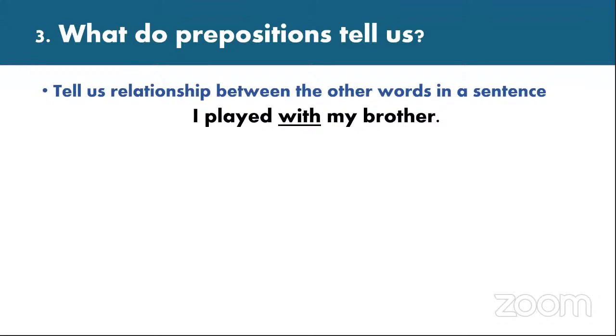I played my brother? No. When you use with in between played and my brother, then it gives you a proper meaning. You can understand what it conveys. I played with my brother. Okay, what else is there?